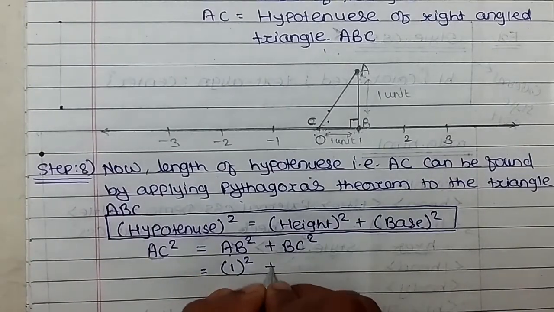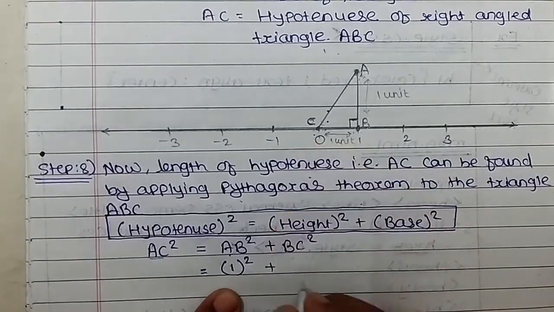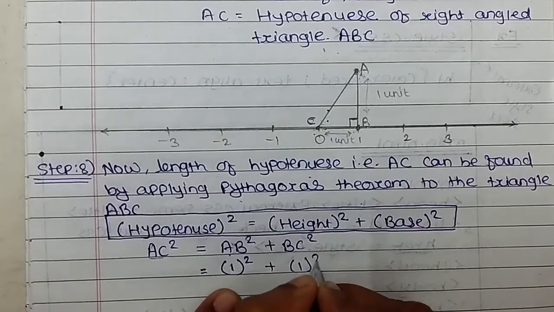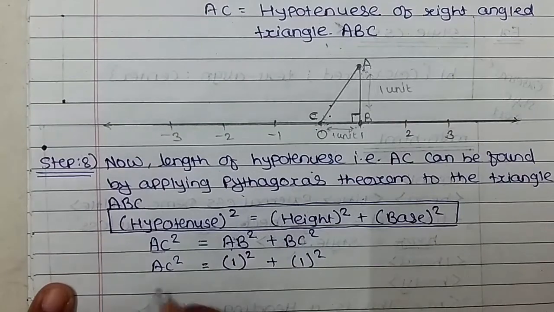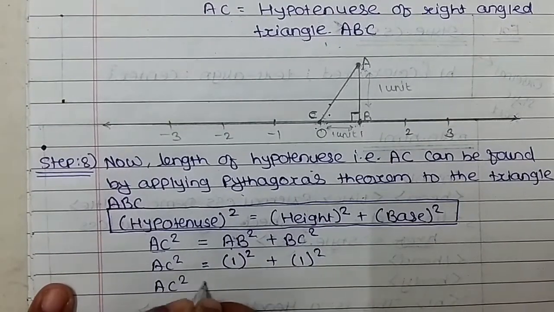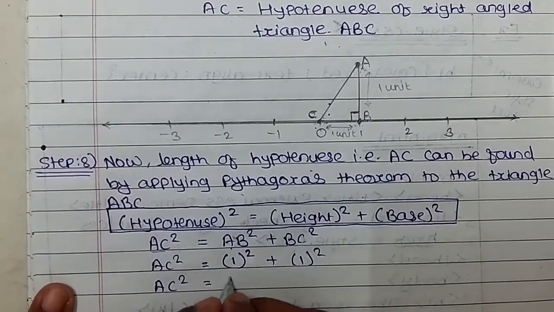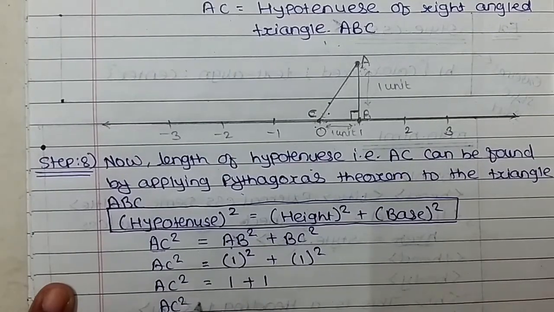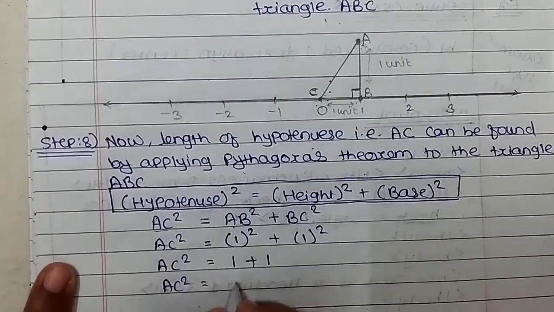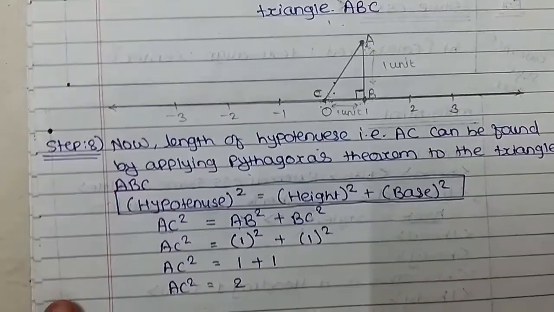Clear? Next, what is the value of BC? That is 1. That is 1 square here. Okay? And AC square, take it as it is. Okay? Next, AC square is equal to, what is the square of 1? That is 1. Plus 1 square, that is 1. Then AC square is equal to what? 1 plus 1? That is 2. Clear? Up to this point clear?